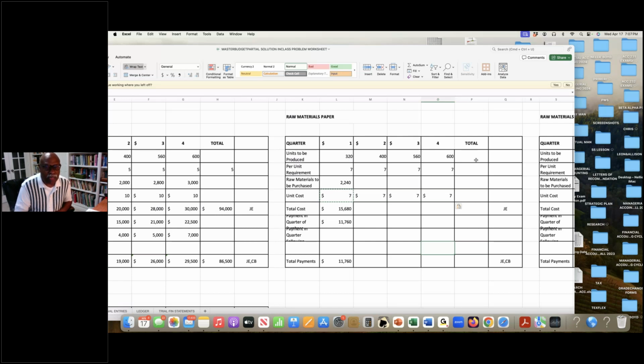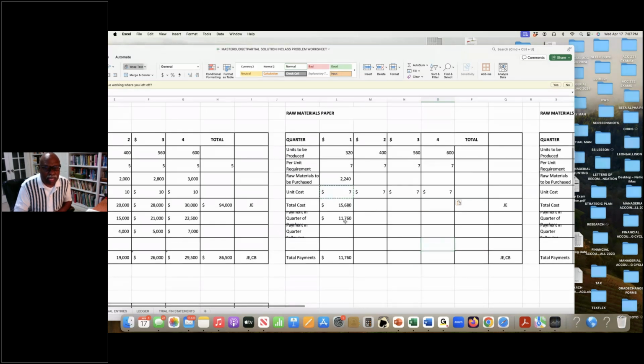In the first quarter it was 7 times 320, which is 2,240. Then 7 times 2,240 is 15,680.